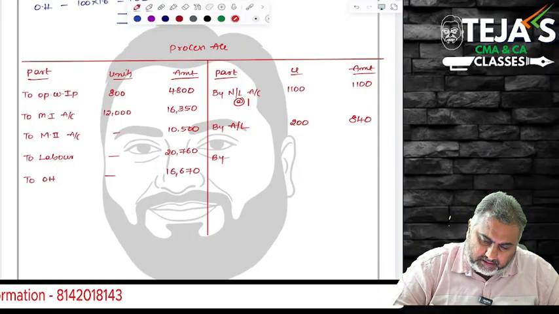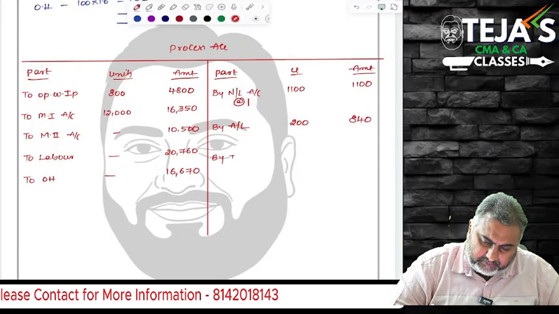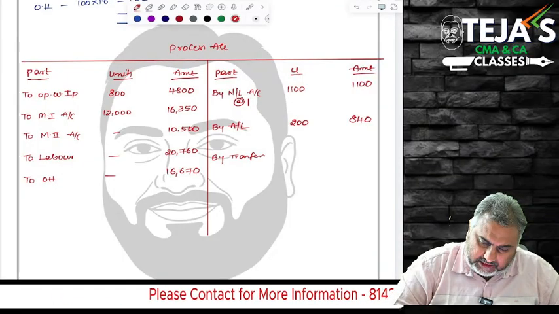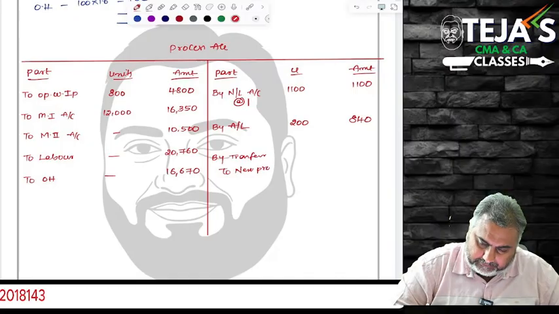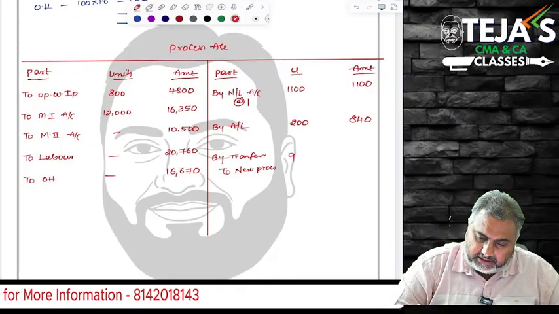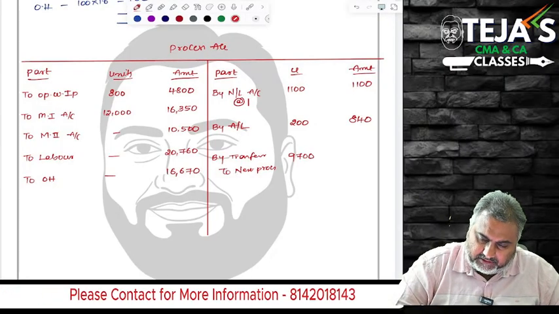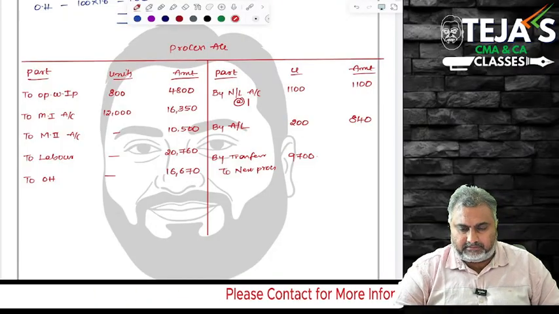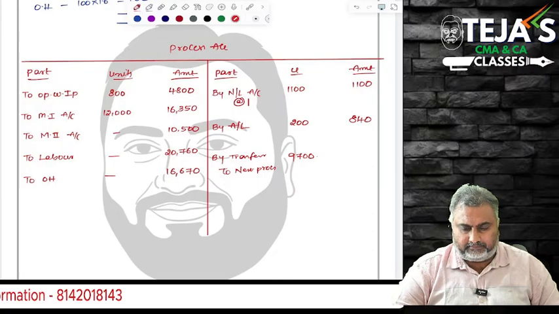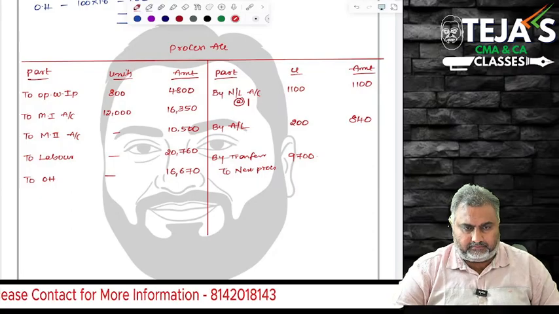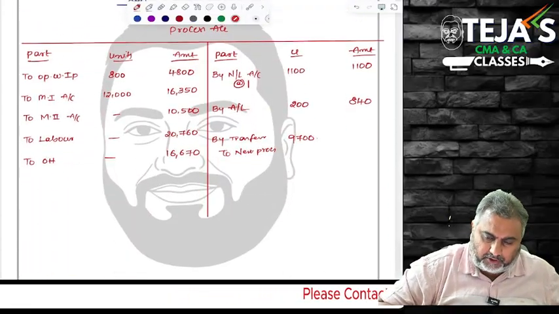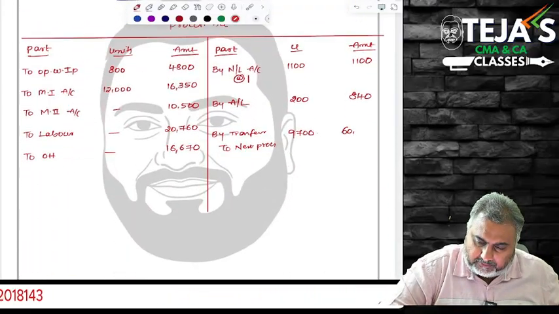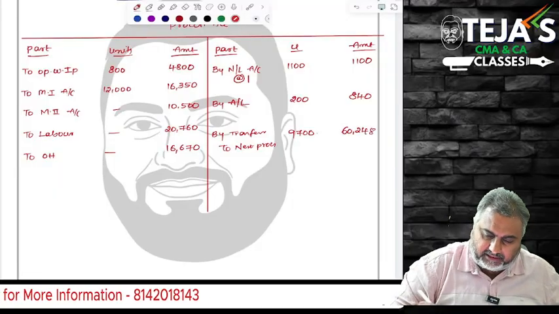By transfer to next process, how many units? 9,700 units. Correct? How much amount? We got 60,248. That is also from the cost apportionment statement.